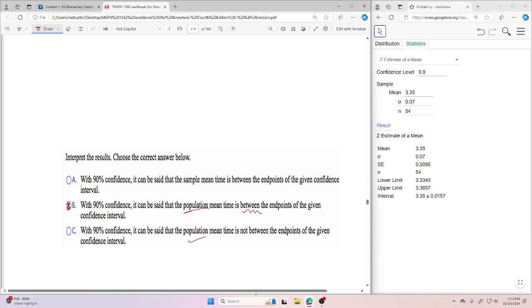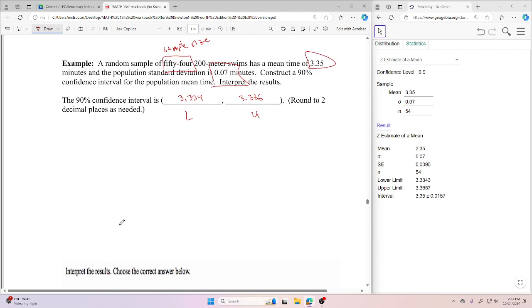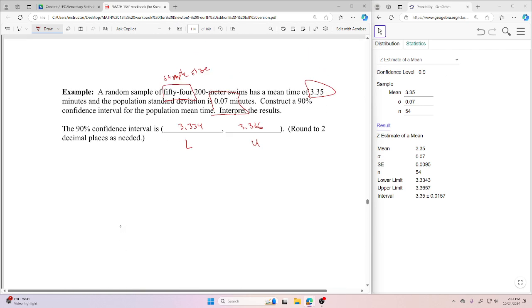Keywords. So they were talking about swim times, right? Swim times. And so I am 90% confident that the average swim time for all swimmers is somewhere between these two. I found it with 54 of them, but I think if I did like 1,000 of them, it would be somewhere within this zone.